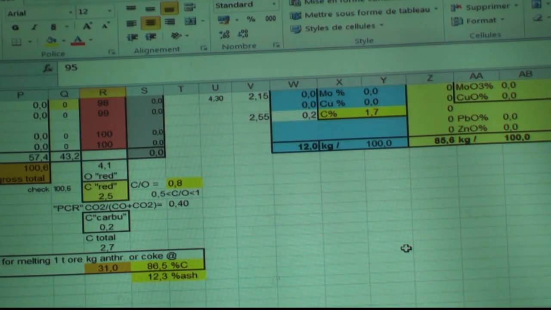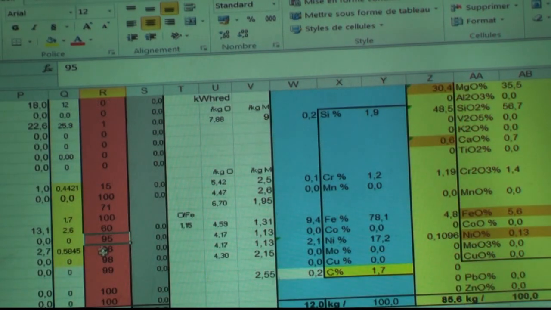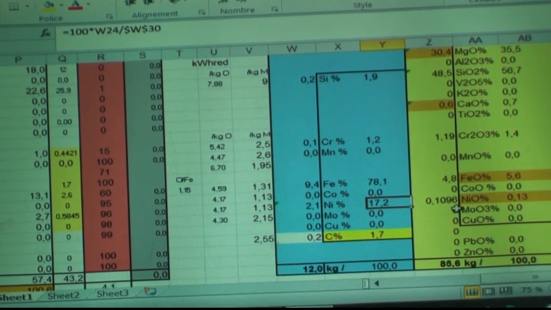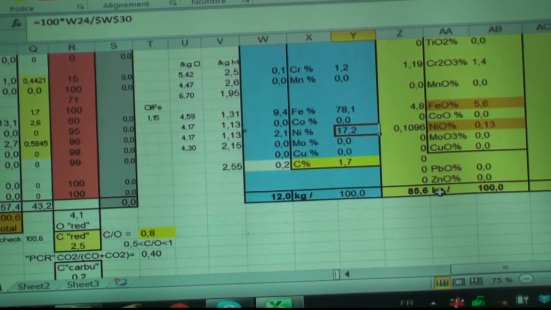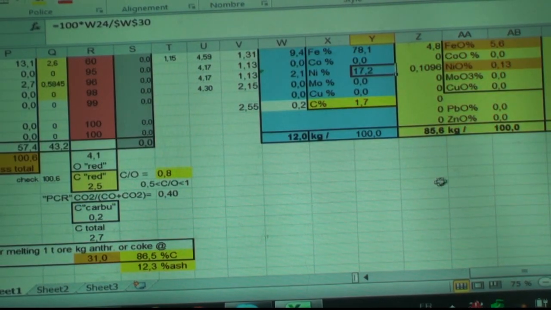He puts more or less carbon, and the yield is the result. Because when you put more carbon, you will reduce more iron. But in this case, I have less nickel. You understand? Because more FeO reduced. Yes.